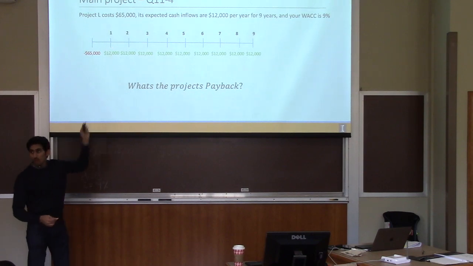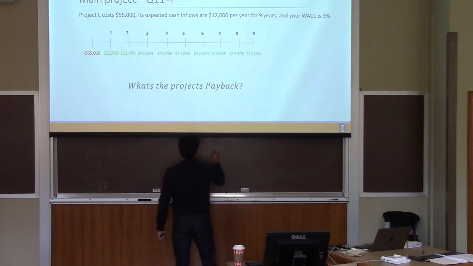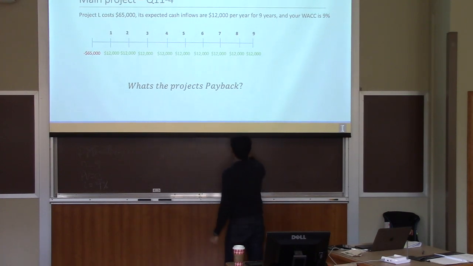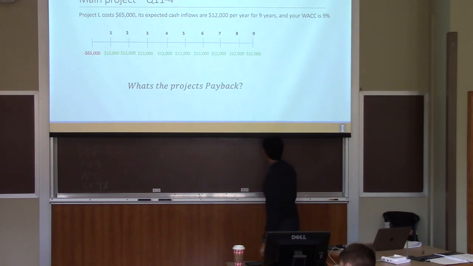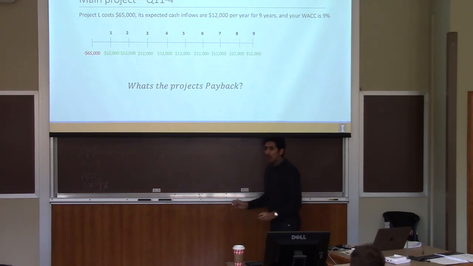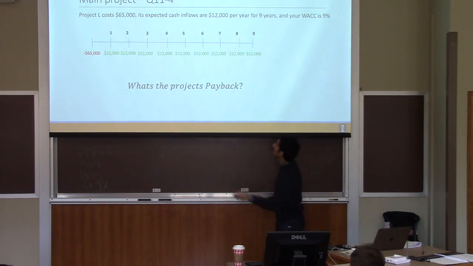I'll get $12,000 in the first year, plus the second year, also $12,000, and the third year, same thing. Fourth year, fifth, until the fifth year. In the fifth year, I'll get $60,000 in total. So I'll get $60,000 back in 5 years.